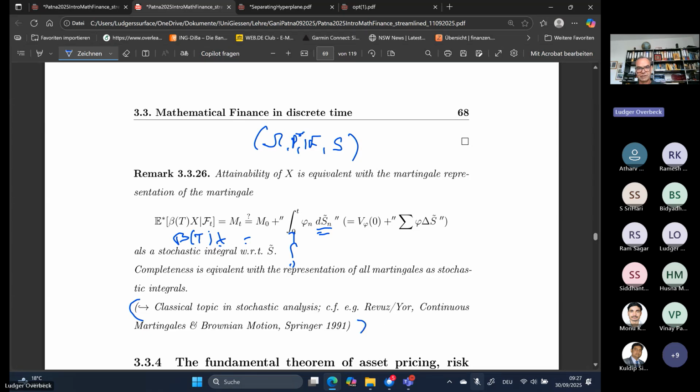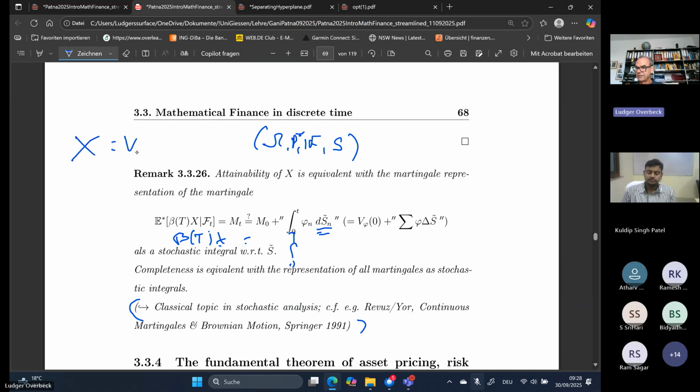Other books in stochastic analysis. So that's whether we can write each X as V_0 plus integral phi dS.